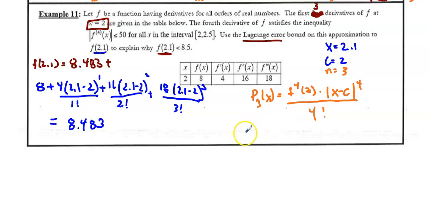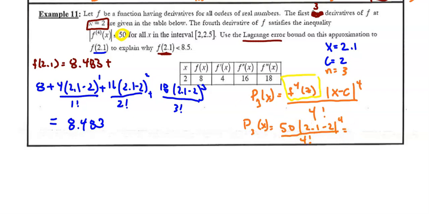And so let's go ahead and plug in what we know for this. In one of the previous examples, we were given this really awesome thing. We were told, oh wait, it's right here, right? This is the maximum our fourth derivative can be. So we can go ahead and write down that this is going to be 50. Then we write down that x is 2.1 minus 2 raised to the 4th power, all over 4 factorial.